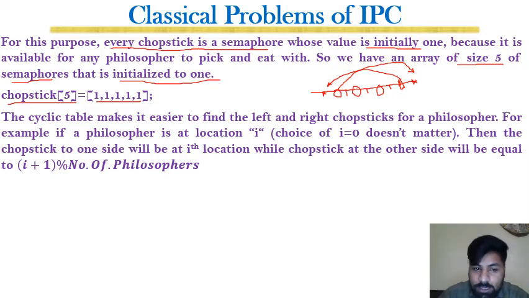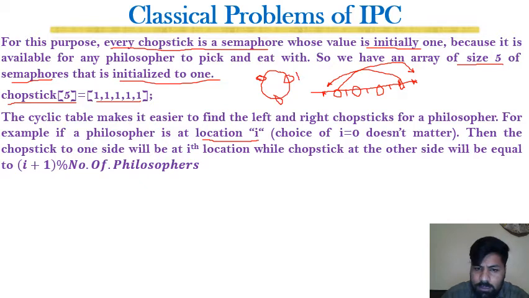For example, a philosopher is at location I, and the choice for I equal to 0 doesn't matter. Wherever we select, if they are sitting around a round table, then it is totally our choice which philosopher we select to be 0 or 1.